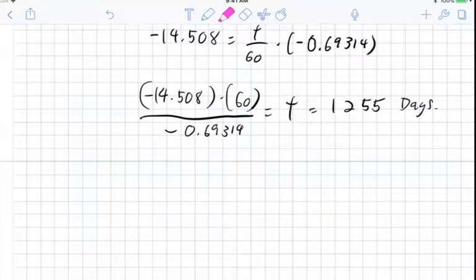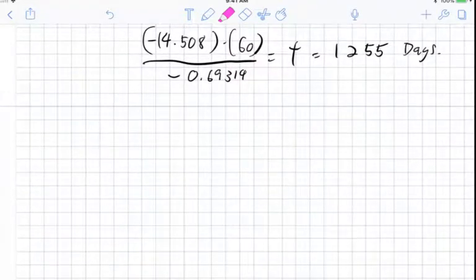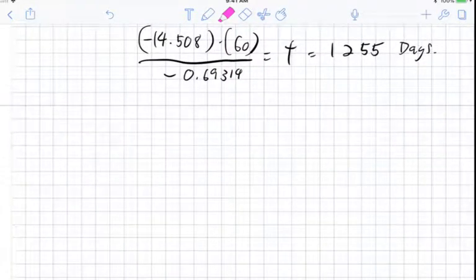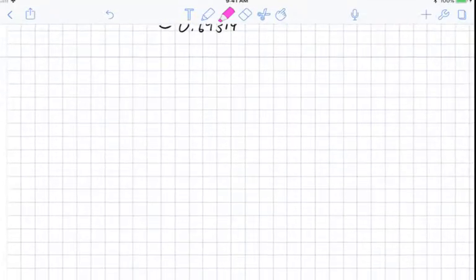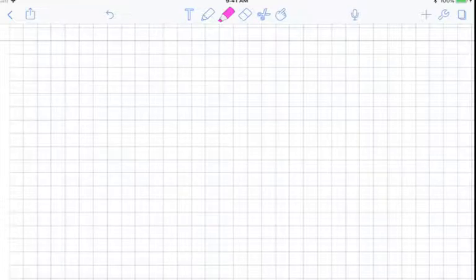So, let's do a logarithm question. I mentioned you see logarithms in a bunch of different cool places. Let's do this one. It's the scale of an earthquake.